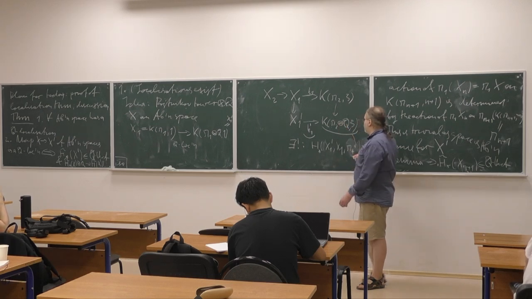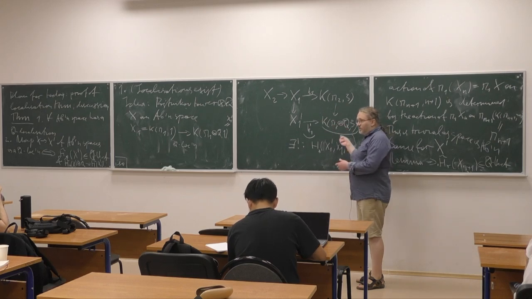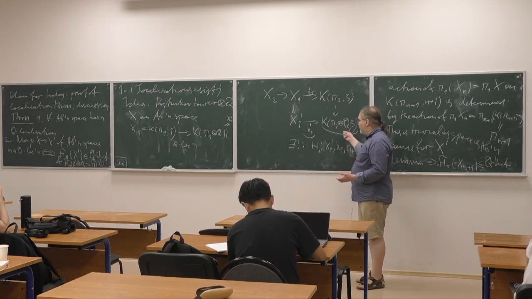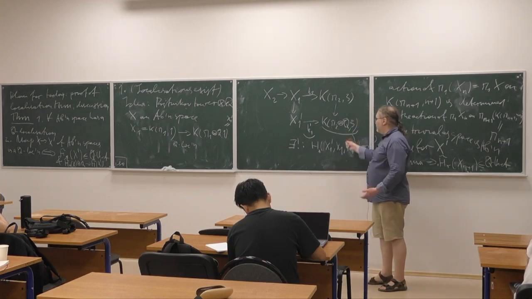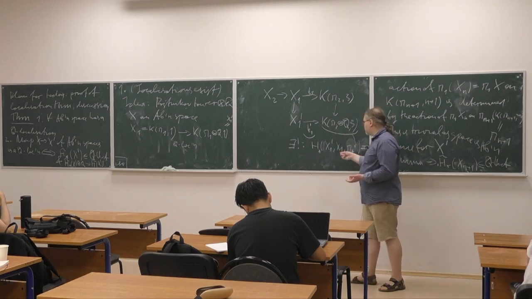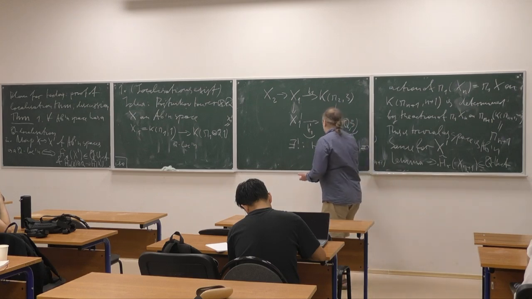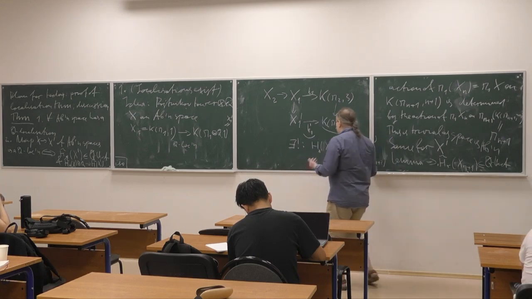Well, the target space is a K(π, something). There is just one homotopy group, this one in degree 3. It doesn't matter in which degree it lives. What matters is it's a Q vector space. And this relative homology group is 0.